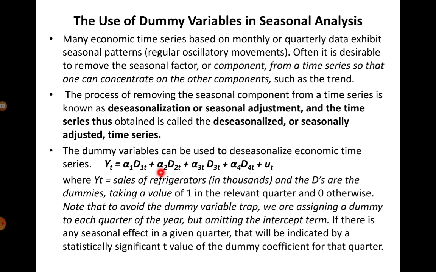Since quarter 2 and quarter 3 generally represent the summer or hot seasons, you can probably expect alpha 2 and alpha 3 to be statistically significant, right? And if the coefficient of any of these dummies is statistically insignificant, that means there is no seasonal component for that quarter.